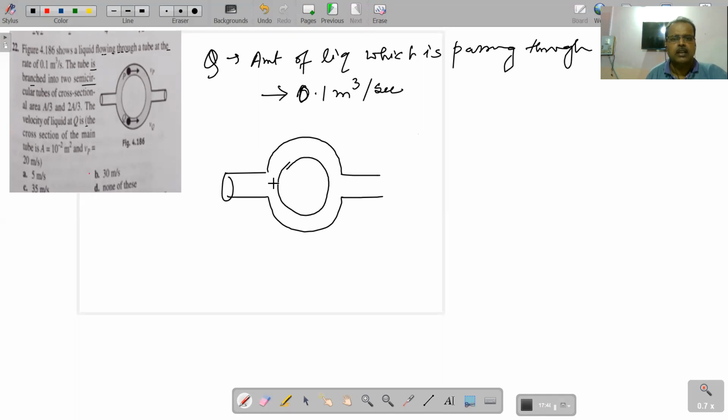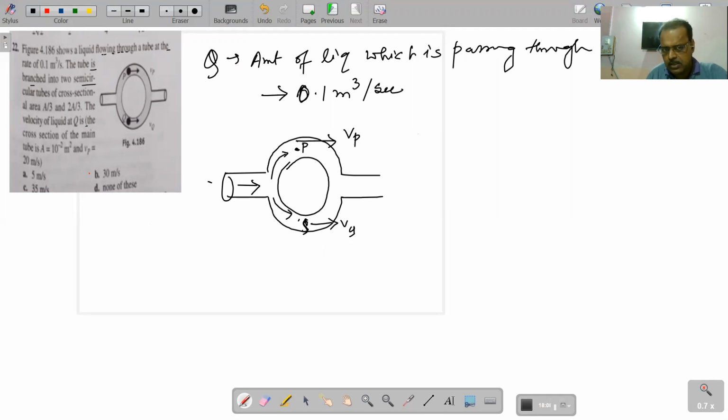Through this particular portion a liquid has come and bifurcated at this point. The uppermost point is P, and the lowermost point is Q. Here the velocity of the liquid is Vp, and here the velocity of the liquid is Vq.